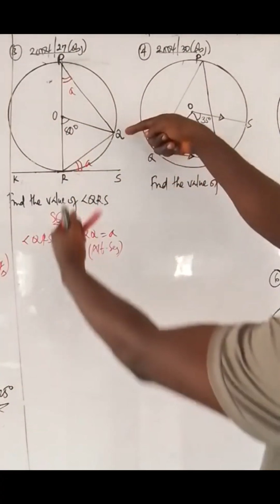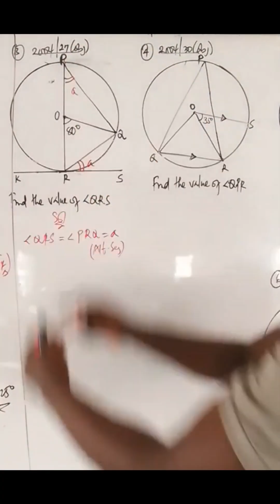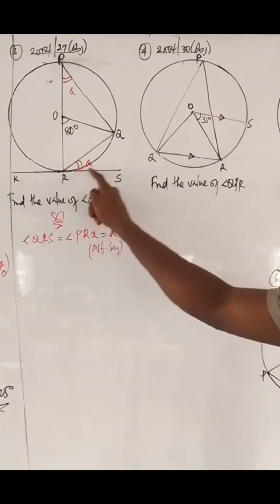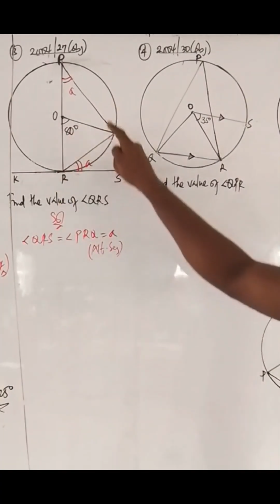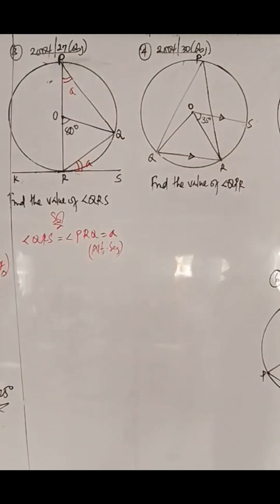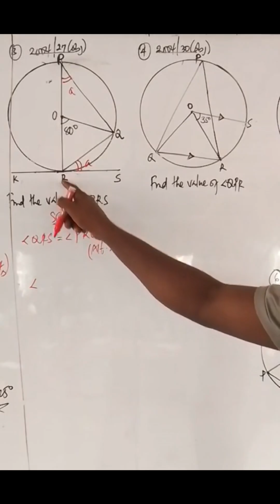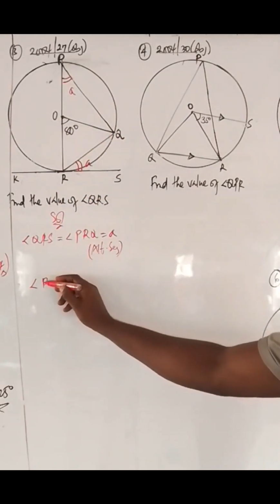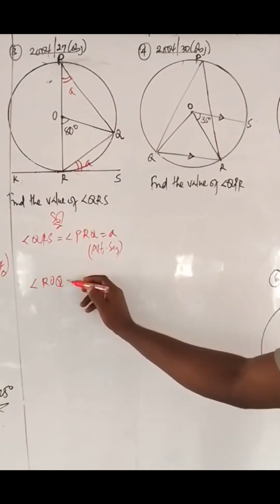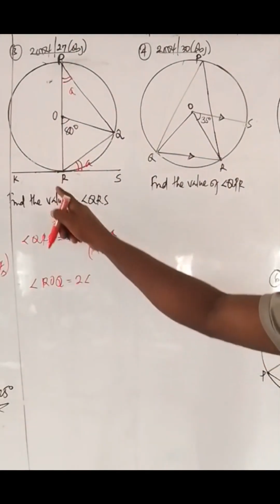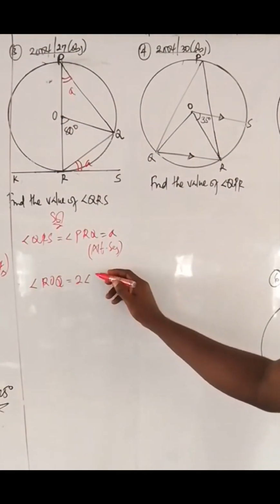This same RQ subtends angle A at the circumference. Theorem 2: the angle subtended by an arc at the center of a circle is twice the one subtended at the circumference. So obviously it means this angle, ROQ, is twice this angle here, that's RPQ.